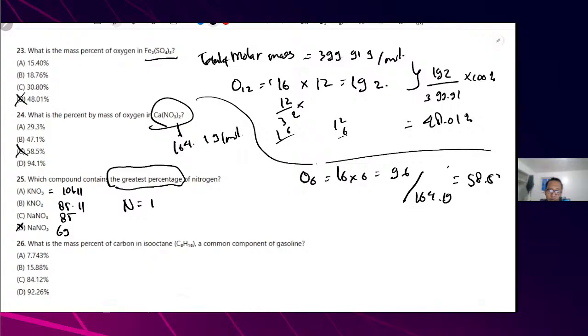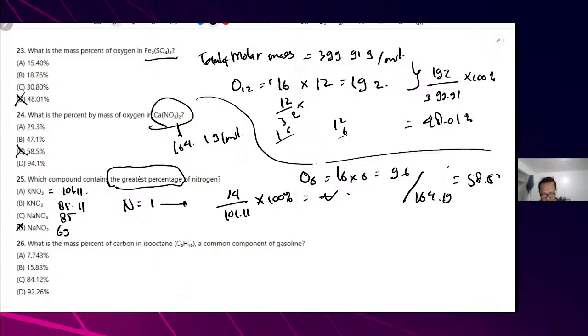If we were going to do it one by one, it's pretty simple. The molar mass of nitrogen is 14, divided by, for example, option A, 101.11, times 100%, and then we get the answer. The equation gives the greatest one, not the lowest one.